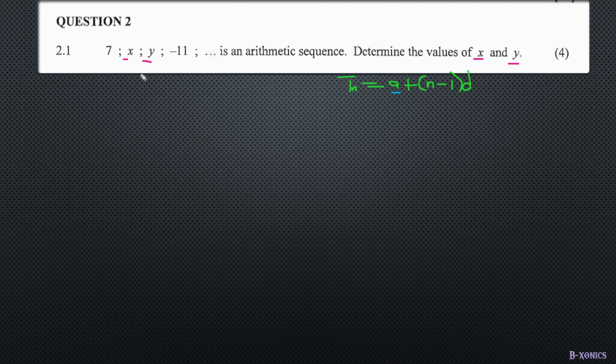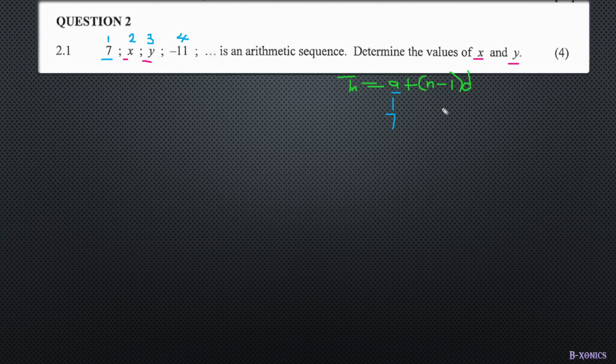Let's talk about a. A is the first value of the series, which is 7. And then let's think about n. n is the position of that particular value of Tn. Let's say this is our 1, this is our 2, this is our 3, and this is our 4.